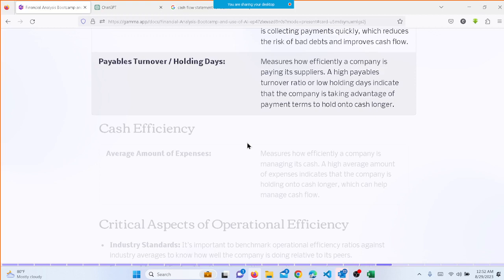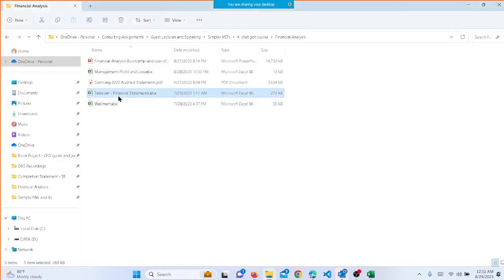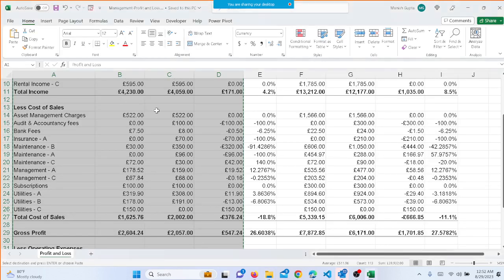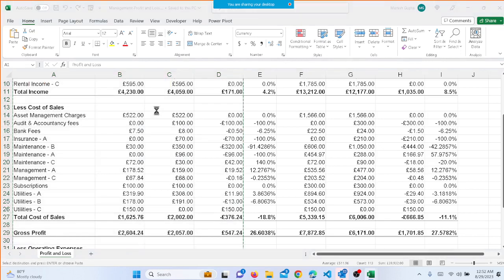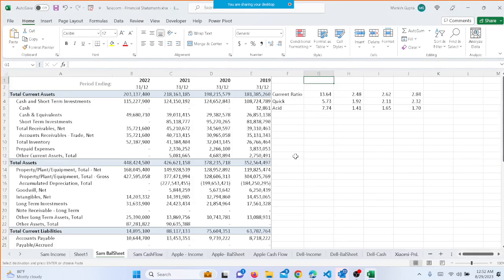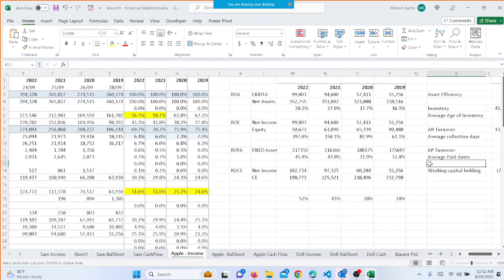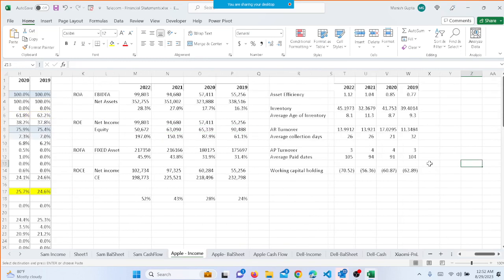If you calculate for Apple, I think I have calculated that earlier. We used to calculate Apple's turnover ratios, and what we found is that Apple's inventory holding days are 8 days, right?